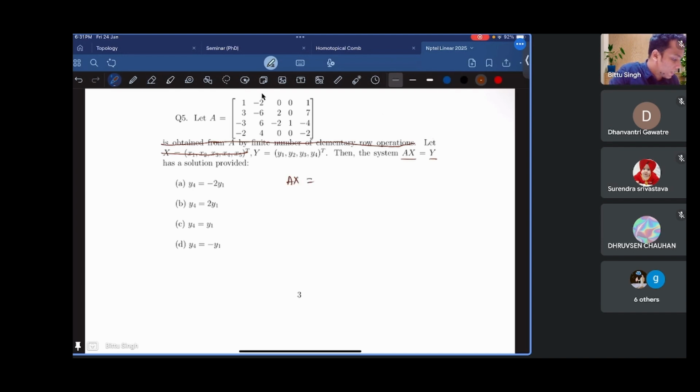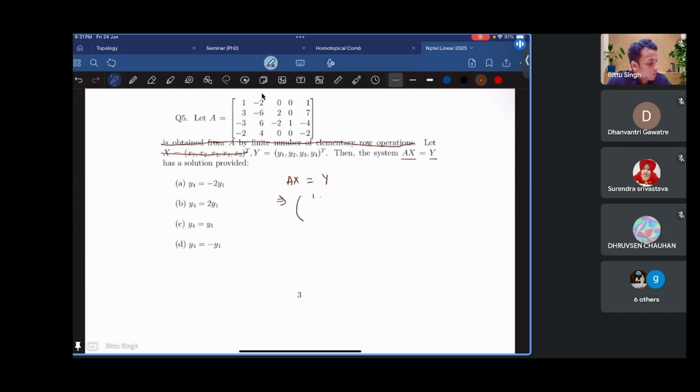We need to solve Ax equals y. We are not solving, but y is given as a tuple y1, y2, y3, y4. Now what is the condition so that this matrix equation has a solution? So let us write in this form.